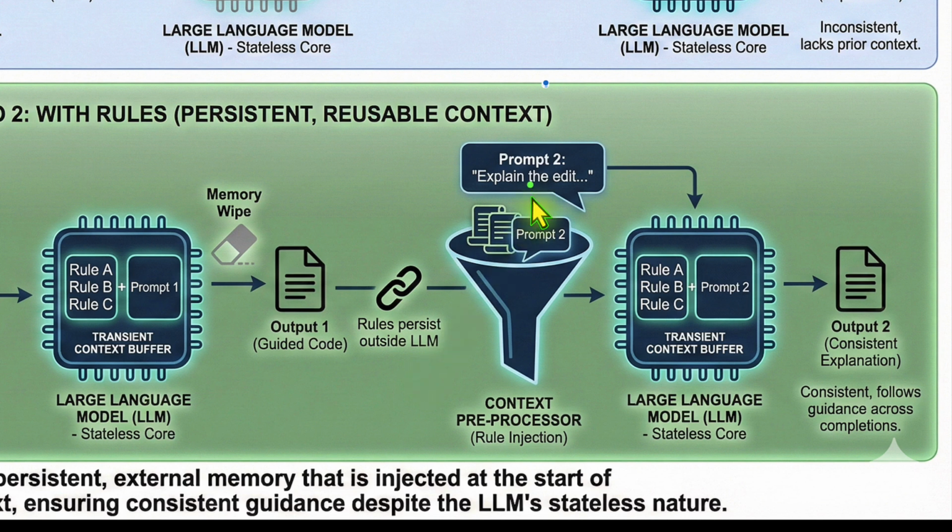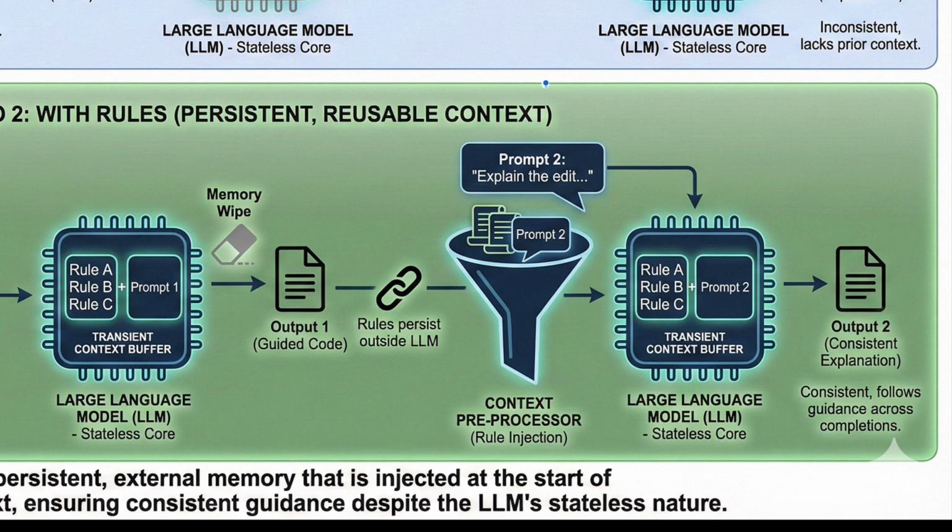And the second request, when you send prompt 2, explain the edit, it hits that preprocessor funnel again. The system knows that, another request. Let me grab those same rules, and we're going to have consistent results.